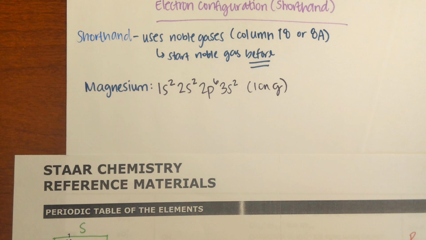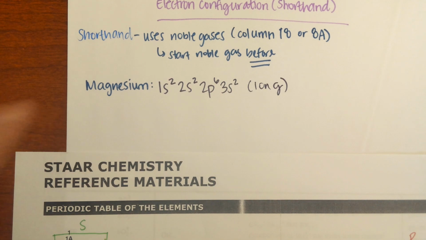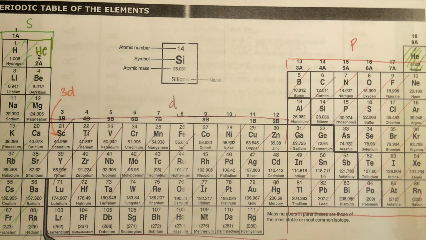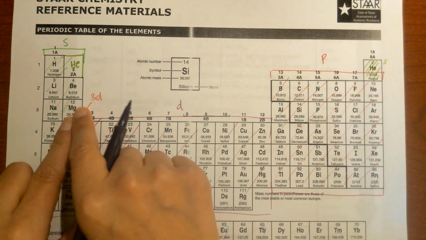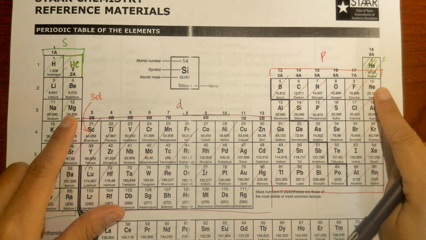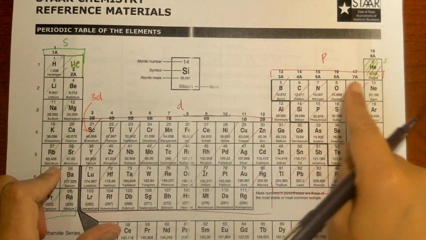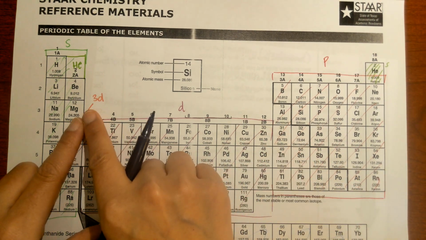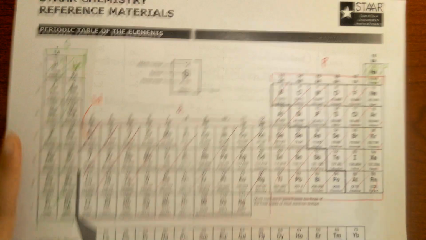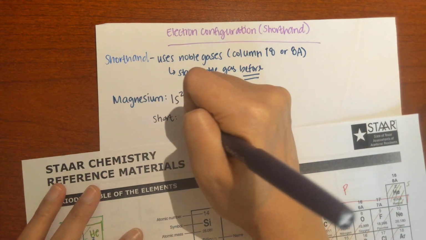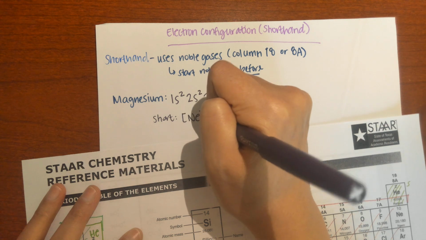Now, for the shorthand, I'm going to start with the noble gas that's before magnesium. My trick personally is, I have magnesium, and I always go one row up all the way to the right, so I know that neon is my noble gas before magnesium. I don't go backwards, because sometimes that gets complicated with these elements. Neon is my noble gas, so I write that in brackets.